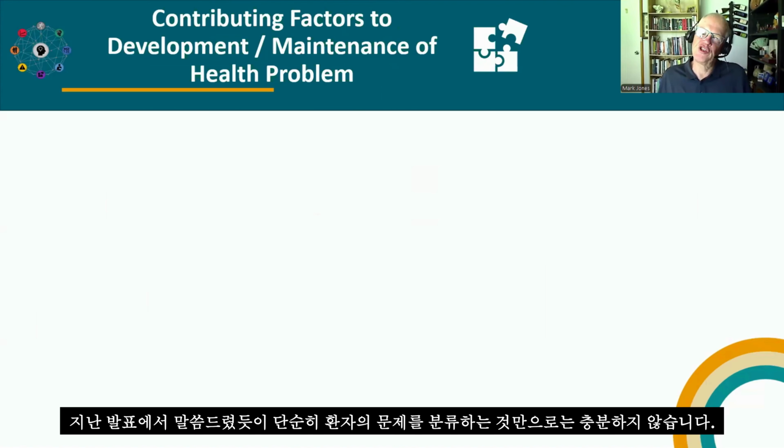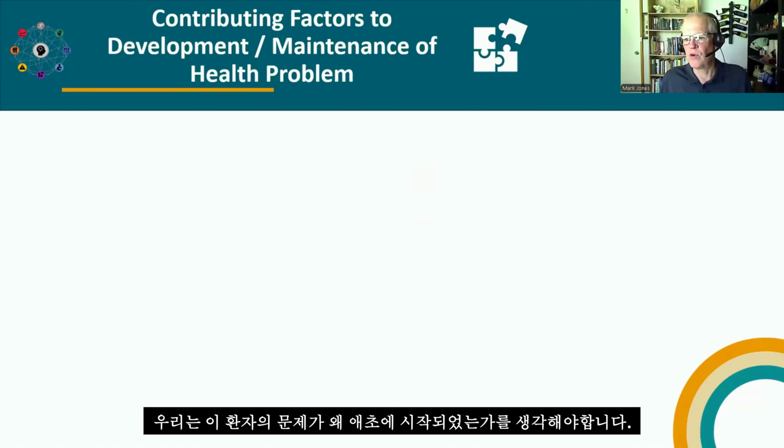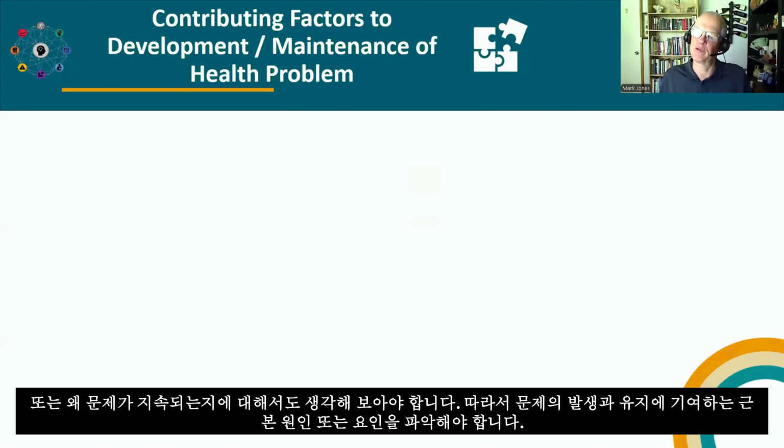It's not sufficient to simply categorize the patient's problem, as we talked about in the last presentation. In other words, to identify possible sources of symptoms or pain mechanisms. We need to also think about why their problem developed in the first place, or why is their problem persisting.